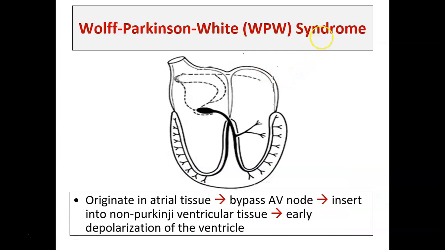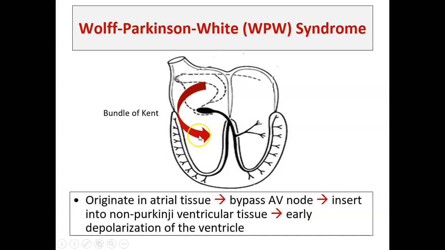But what happens in WPW syndrome? In WPW syndrome, some humans are blessed with an accessory or additional pathway. This additional conduction pathway, known as the bundle of Kent, originates in the atrial tissue, then bypasses the AV node, on either the right side or the left side, and is inserted into the non-Purkinje ventricular tissue.